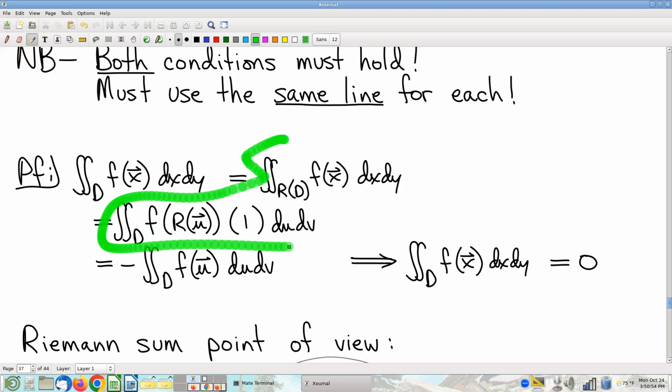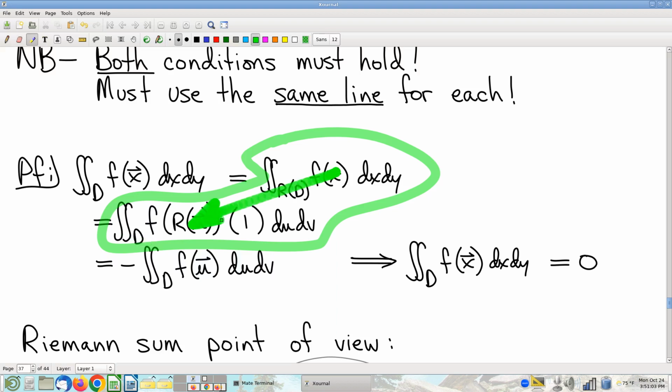Pull back. Right? We have an integral over an image. Pull back to the pre-image. Plug in the reflection. When you do a reflection, nothing changes size, so the stretching factor is 1. This is just a straight up pull back through the reflection.